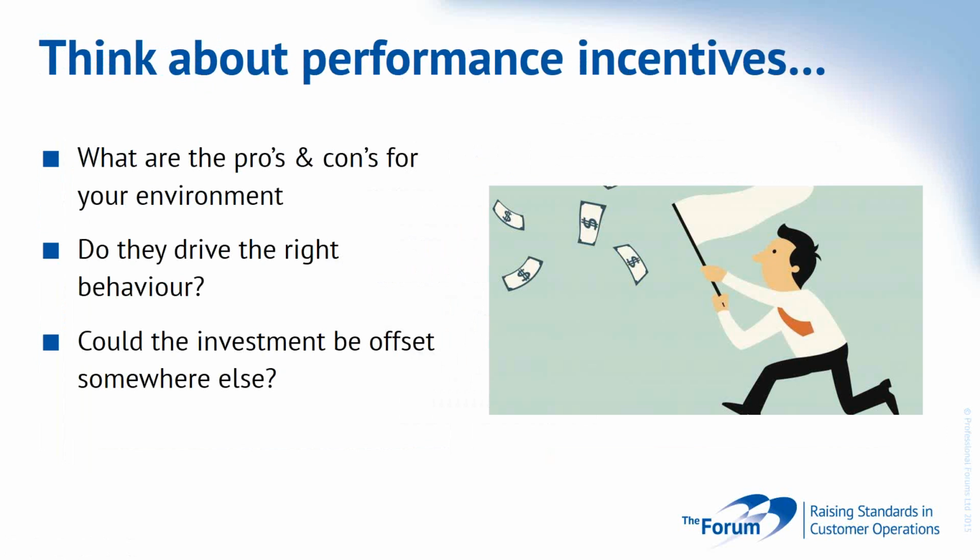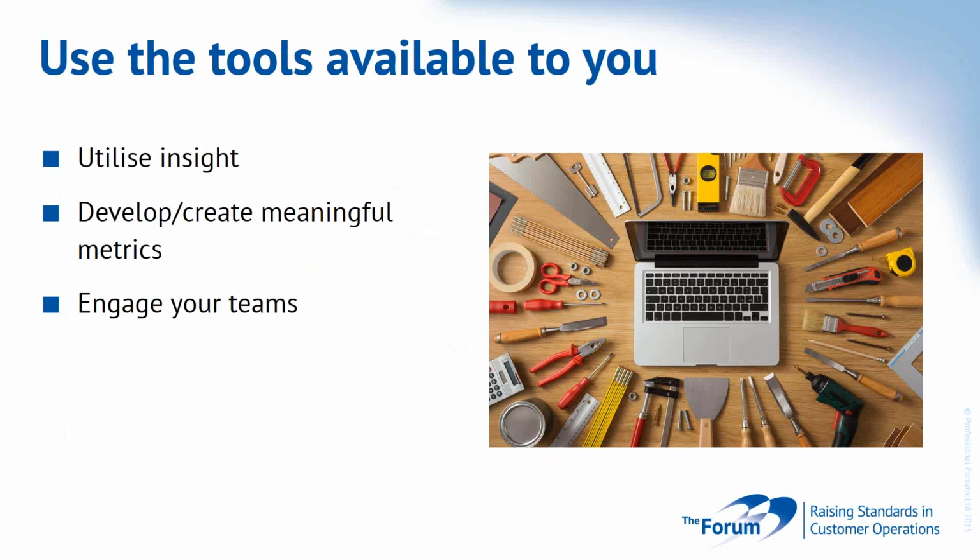So think about your incentives that you've got in place. What are the pros and cons for your environment? Are they driving the right behaviour? And could the investment that you've got be offset somewhere else in terms of people's development and how they get that reward?